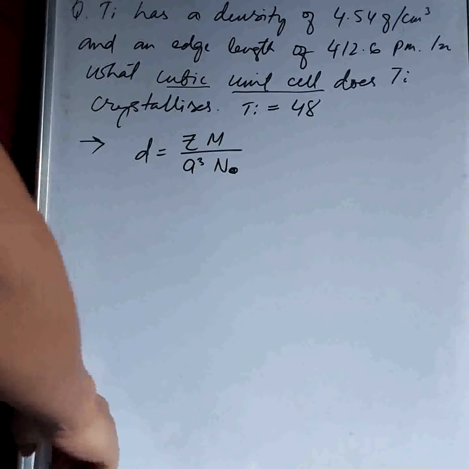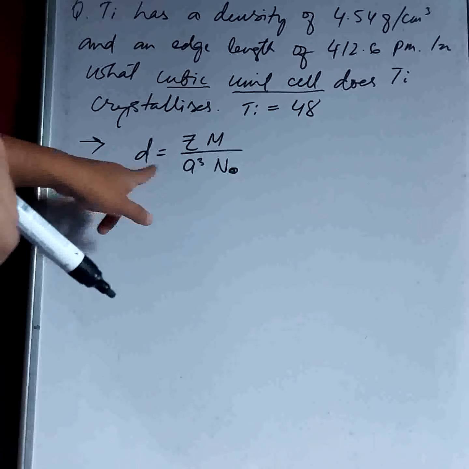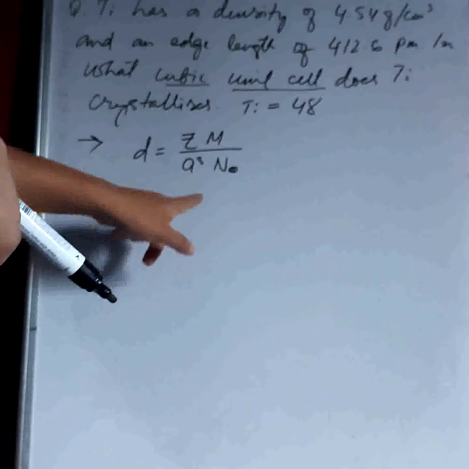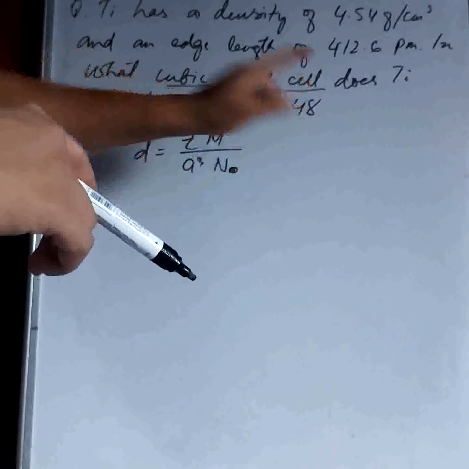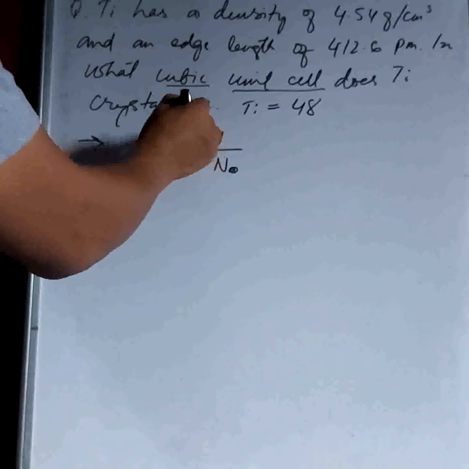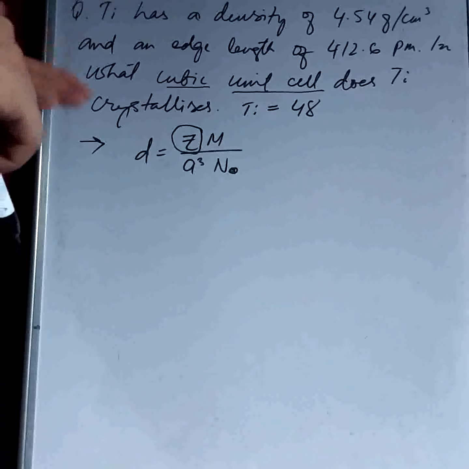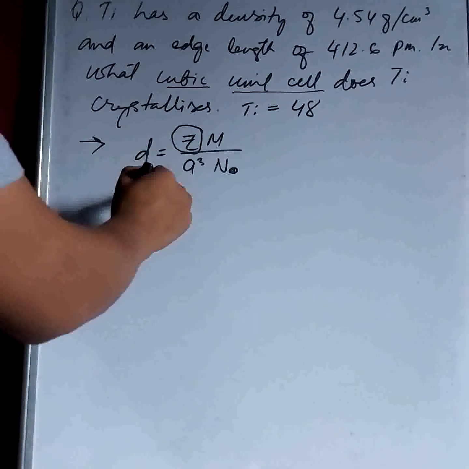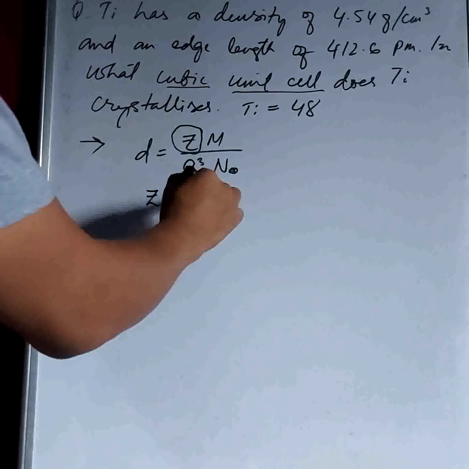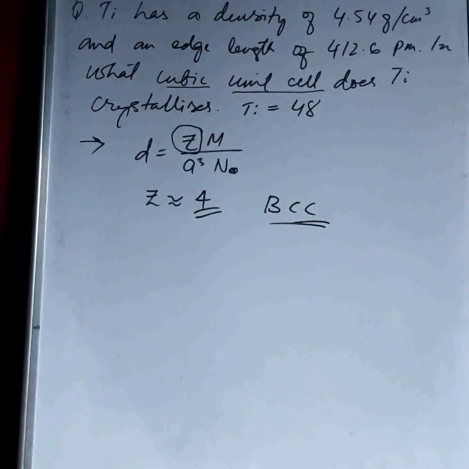They have given us the density and the edge length, Avogadro's number is 6.022 x 10^23, and the mass of titanium is given. So by finding the contribution per atom, we can know in which cubic unit cell titanium crystallizes. If you plug in the values, you'll get Z around 4. So 4 is the body centered cubic system. Try to solve on your own.